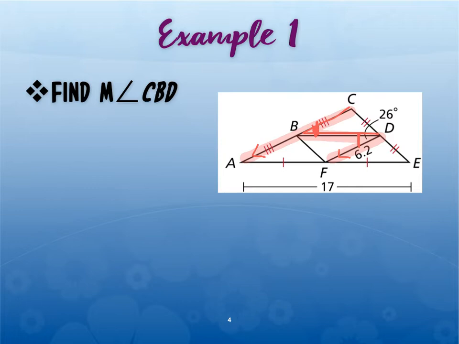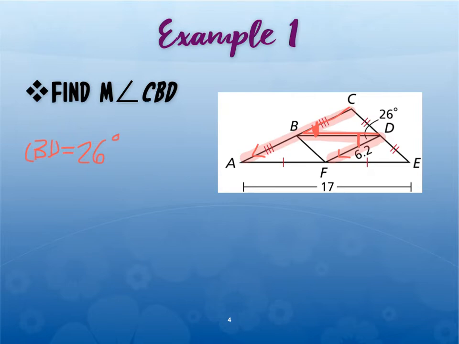So if FDB is 26, what's CBD? 26 degrees. CBD is equal to 26 degrees. So we found that because we know that the two lines are parallel and they're cut by a transversal, and we used alternate interior angles.